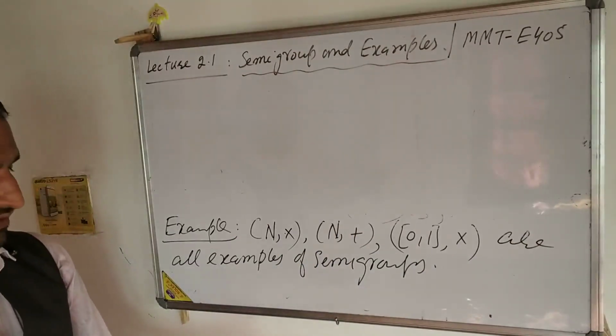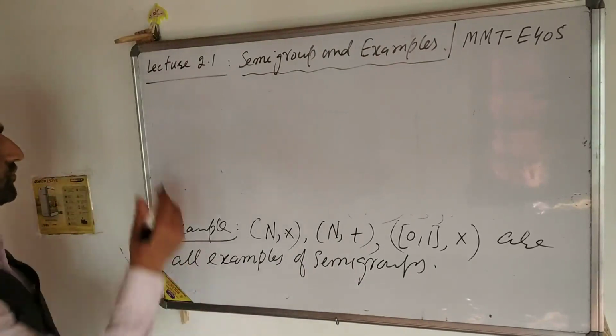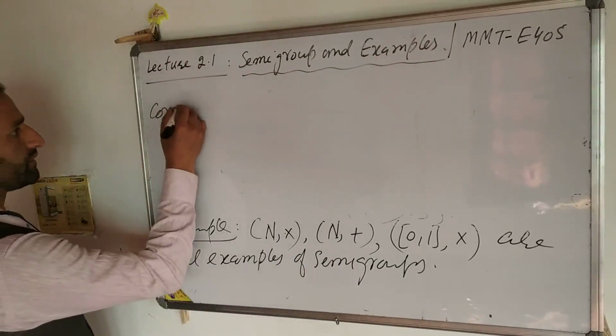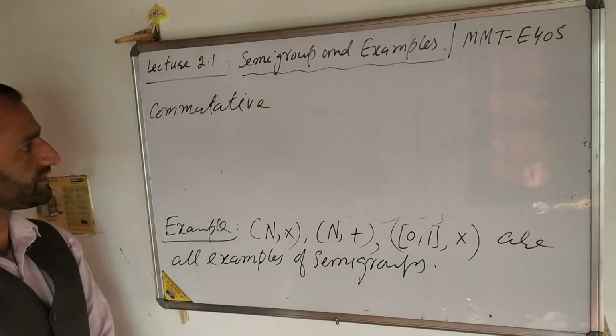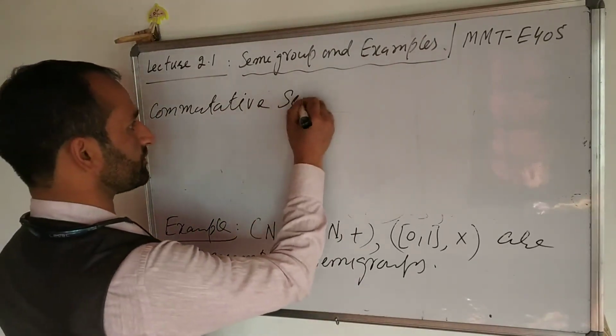Now we define commutative semigroup. What do we mean by a commutative, or abelian, semigroup?